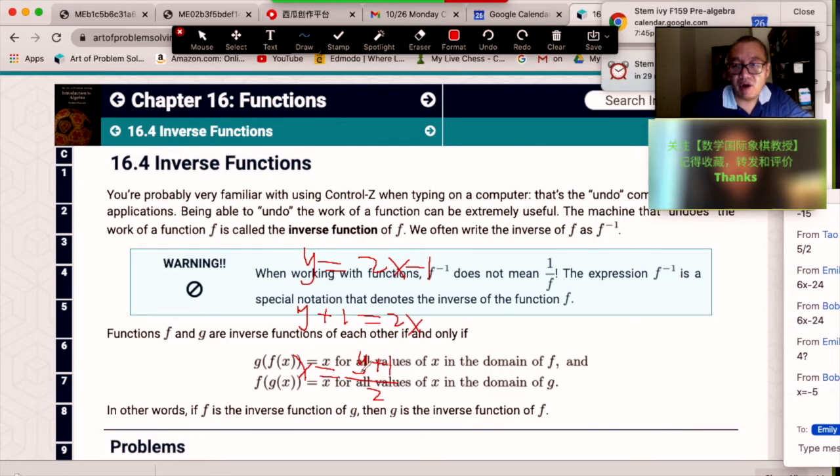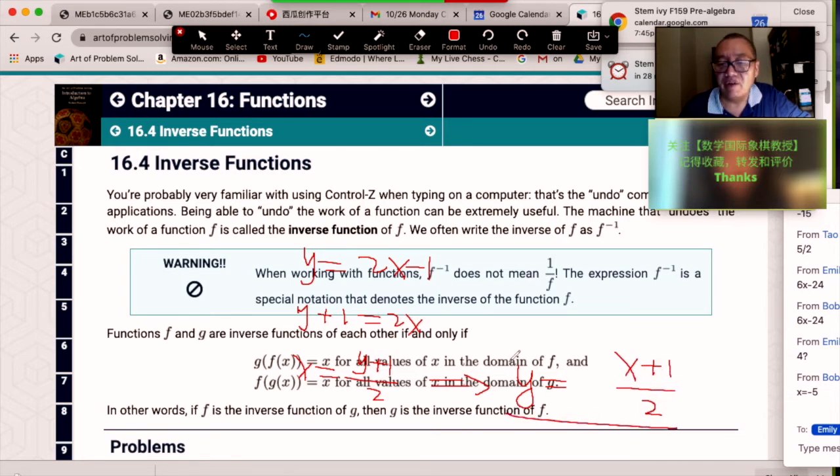You get x equals (y plus 1) over 2. So this tells you that if we consider x and y as variables, then x is a function of y. Then we switch x and y, because usually we use x to represent the variable and y to represent the function. So we switch the variables, and we get y equals (x plus 1) over 2.